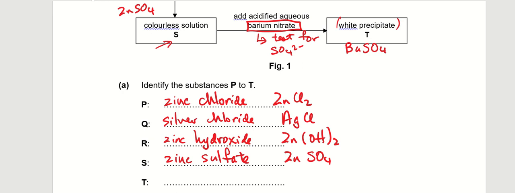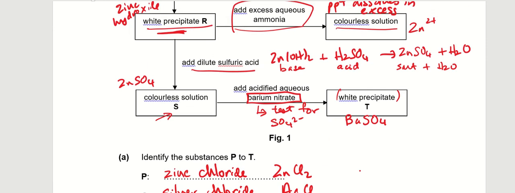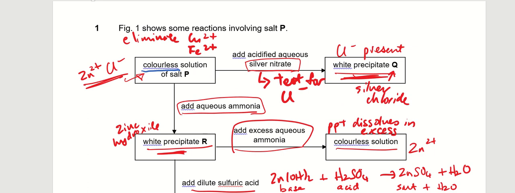And lastly, the white precipitate T was barium sulfate. Formula BaSO4.